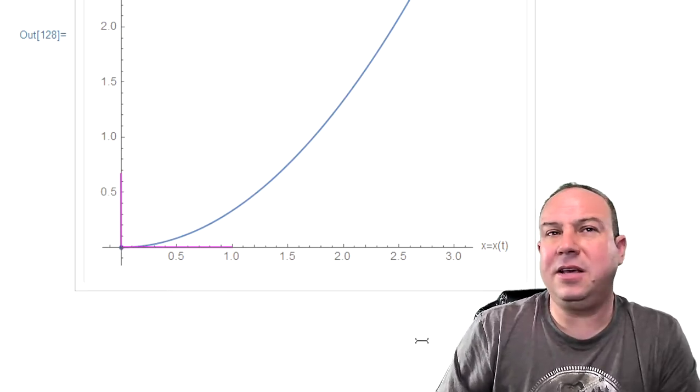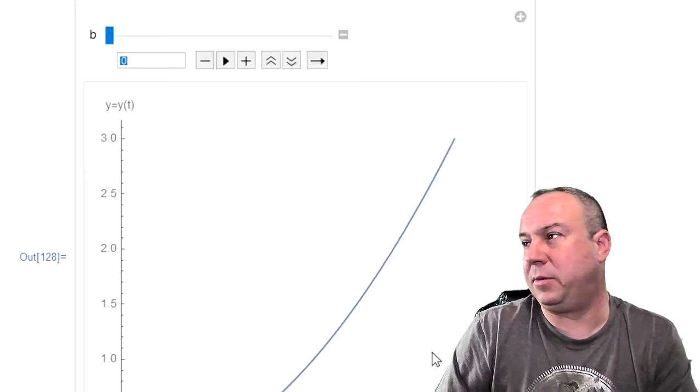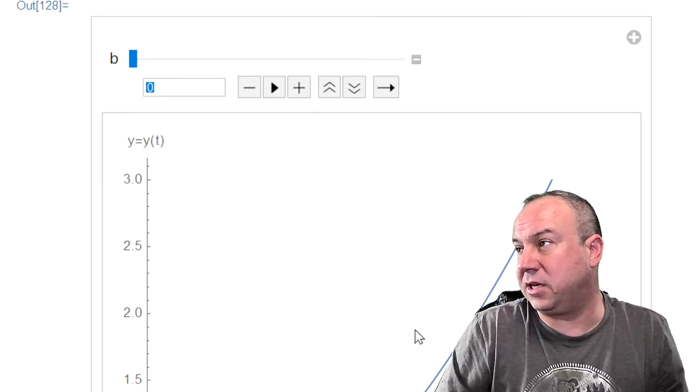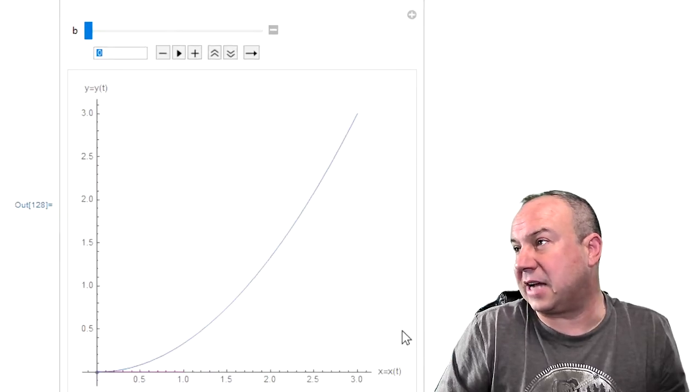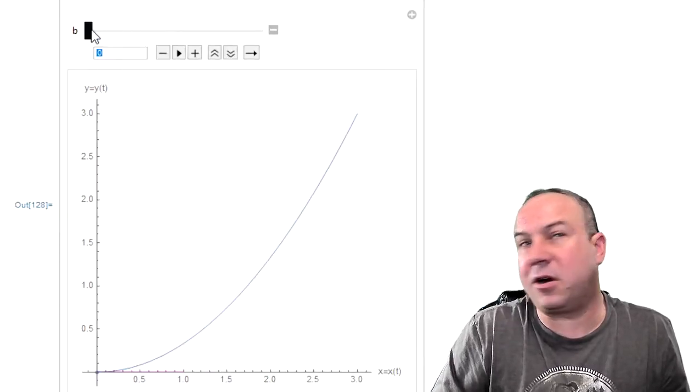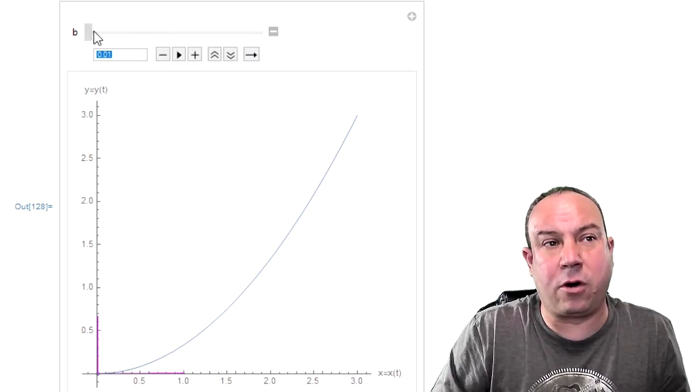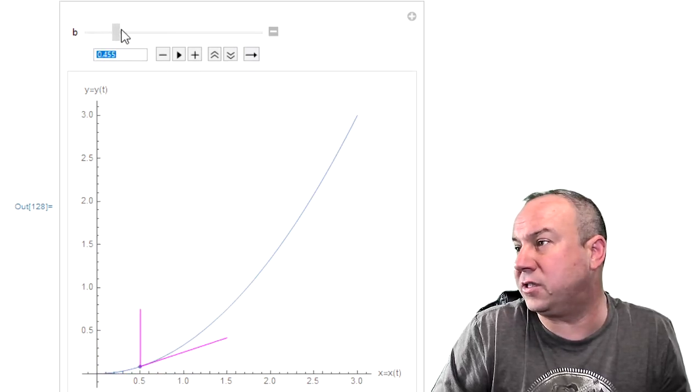Now, let me scroll through B a little bit in this graph. Let me zoom out a little bit so we can see everything collectively here in the graph. And let me start to incrementally move B forward. As we move B forward, you can see how these vectors behave.